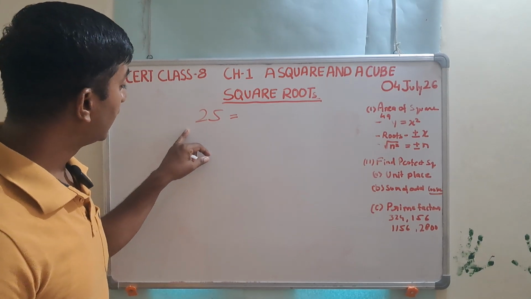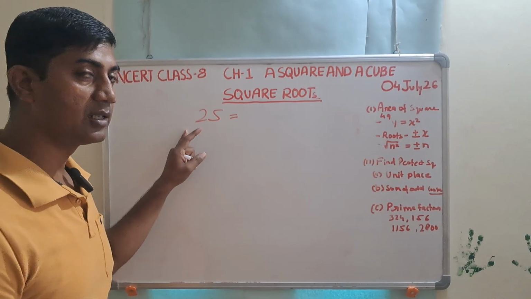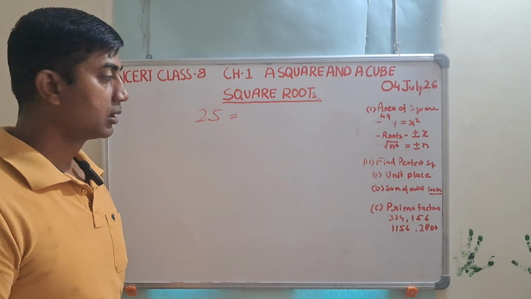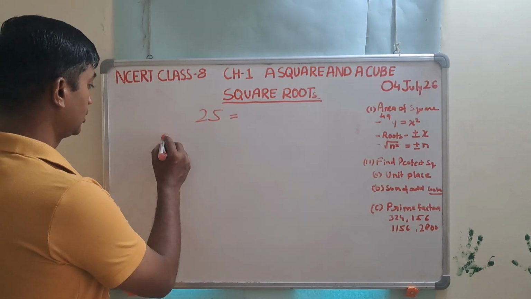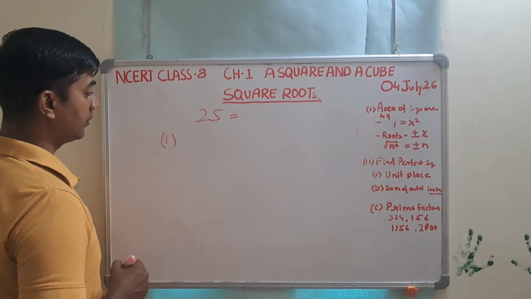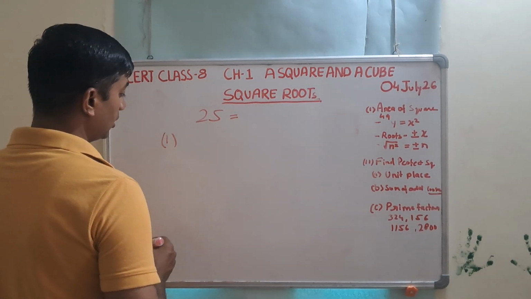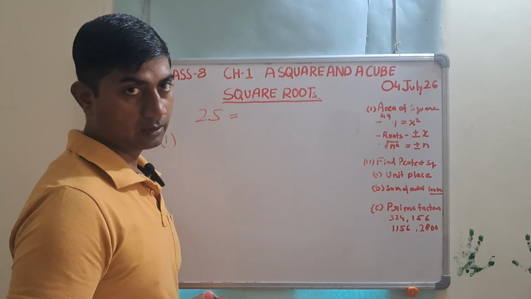First of all, you have to identify whether this number is a perfect square or not. How will you identify? Our first method to identify the number was the unit place method.